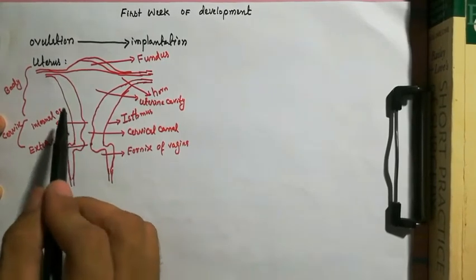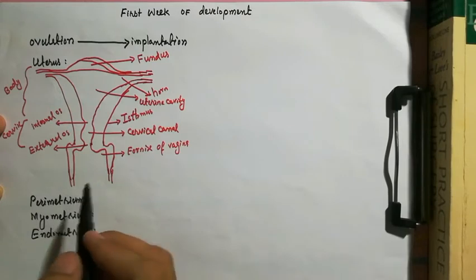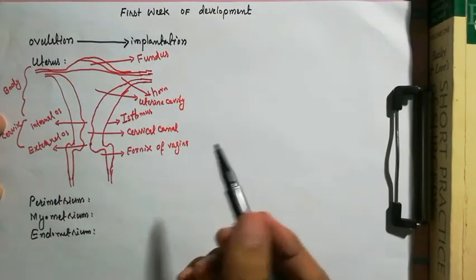Perimetrium is outer thin layer. It is visceral peritoneum which covers the uterus.